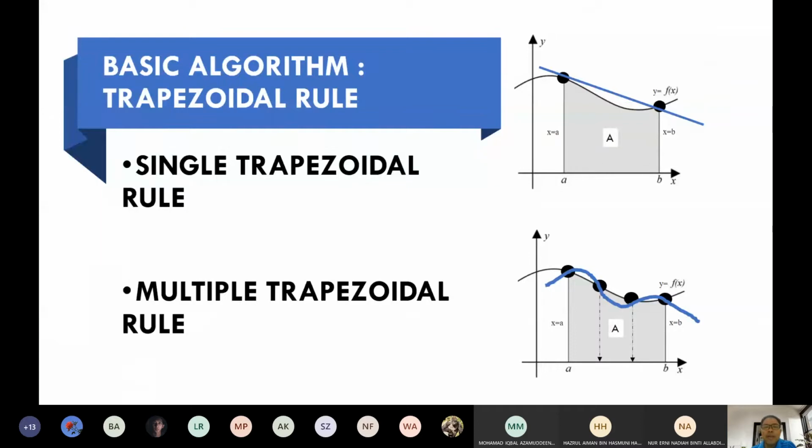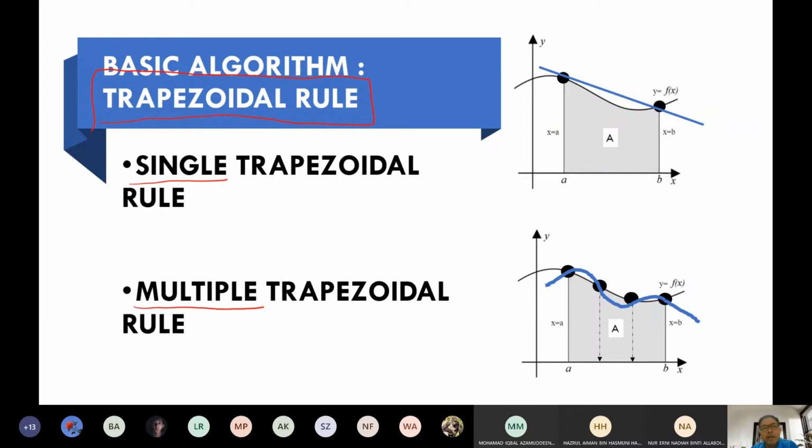Okay, so how do we find the integration based on a numerical approach? We will start with the first technique that we call the trapezoidal rule. This trapezoidal rule can be further divided into single and multiple.